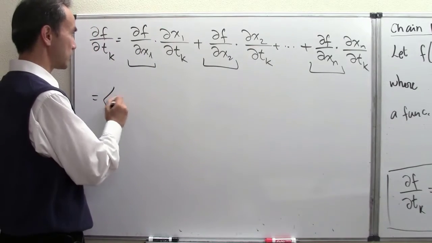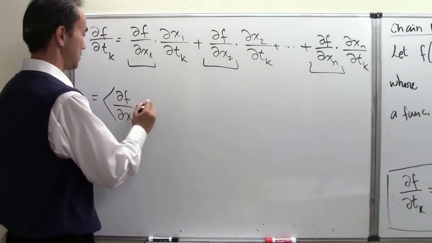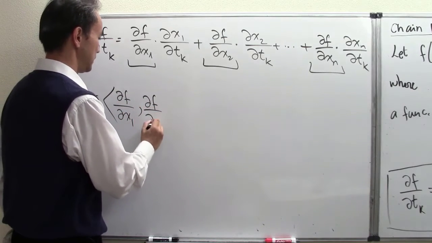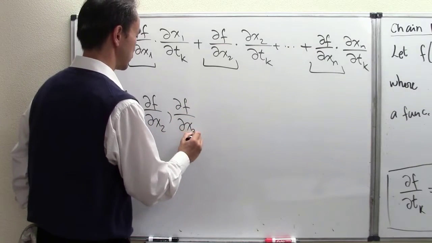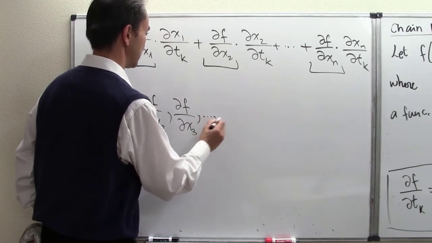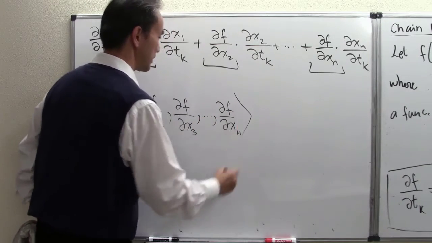So what are they? df/dx1, comma, df/dx2, comma, df/dx3, etc., up to df/dxn. That's one vector.